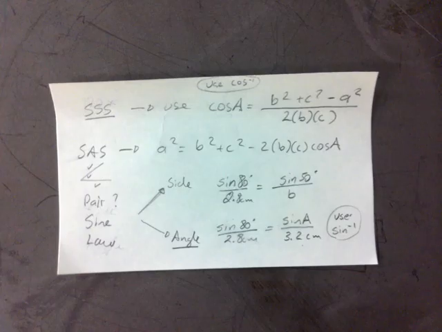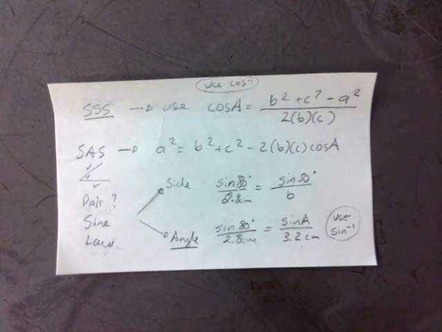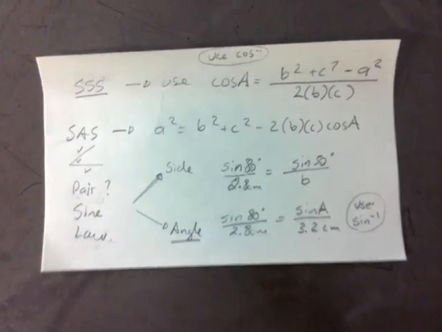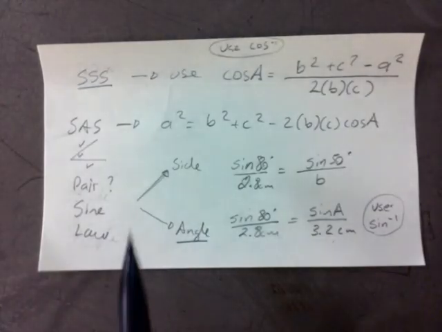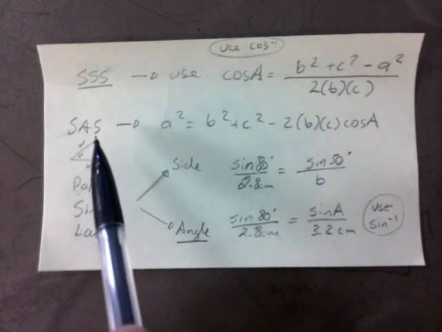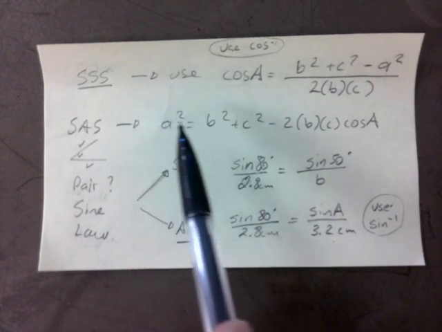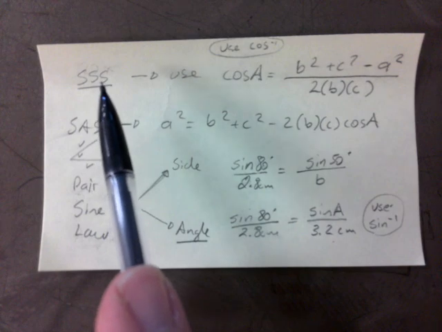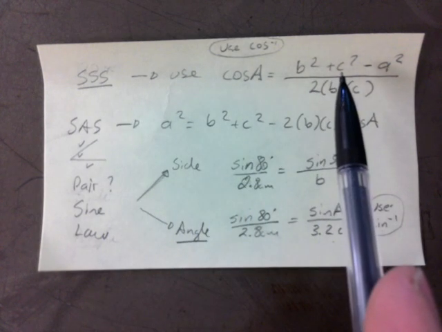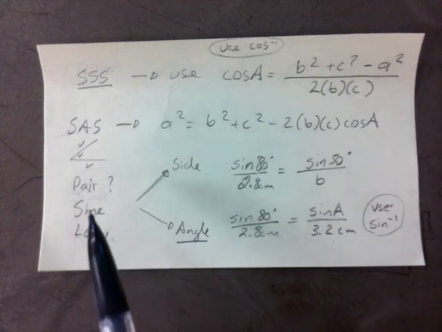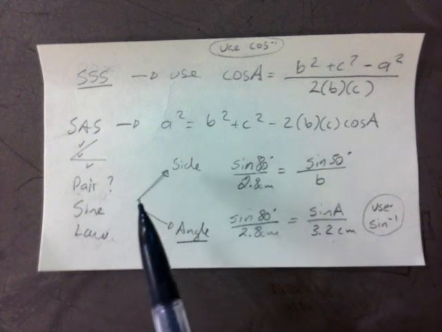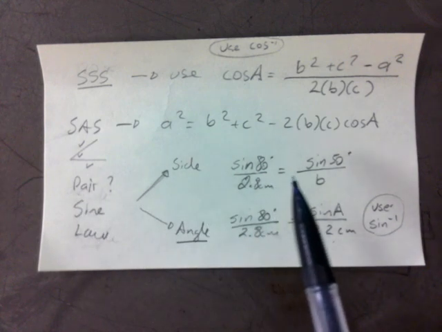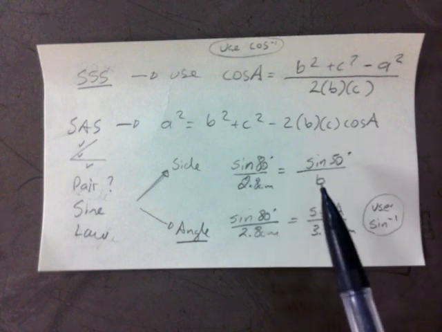I'll tell you, do you mind the board? Because I'm thinking long term once we're done this unit. So basically, if it's side, side, side or side, angle, side, you have to use this version. If it's all three sides, you have to use that version of it. But if you have a pair, you know it's sine law. If it's a side, it will look like this, where the lowercase letter is unknown.